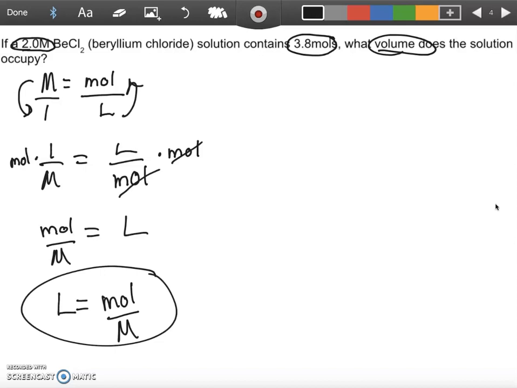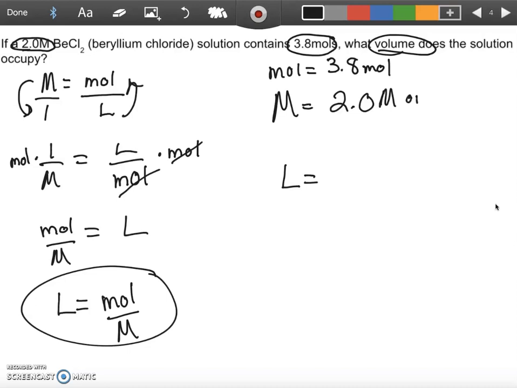Let's go ahead and see what we know. We know that our moles are equal to 3.8 moles. We know that the big M, the molarity, is 2.0. So now let's just plug it in. Liters, this should be big M, or 2.0 moles per liter. Okay, this is one of those situations where you want to break down the big M into moles per liter.